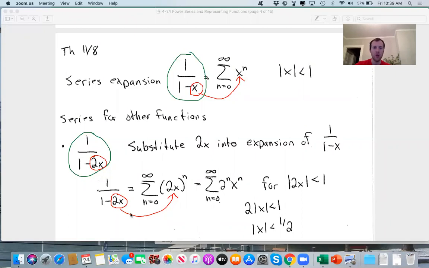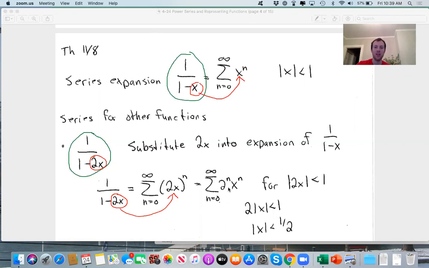And so we know that because of how we obtained this, this series converges if the absolute value of r is less than 1. But now, rather than r being x, as in our original series, our r is 2x.